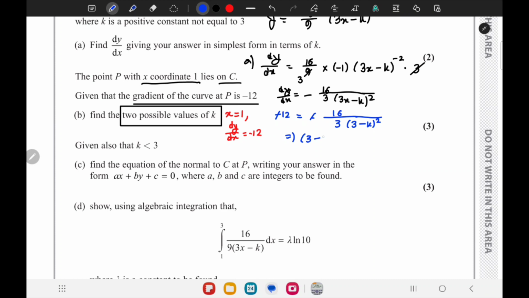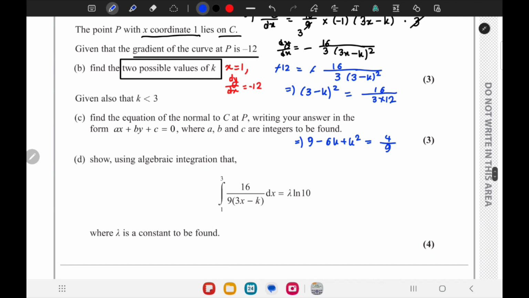So (3 minus k) squared equals 16 by 3 divided by 12. So you can expand this: 9 minus 6k plus k squared equals 4 by 9.